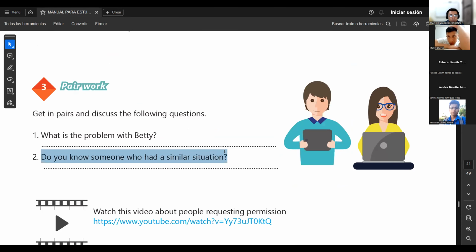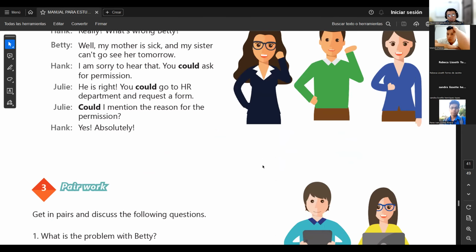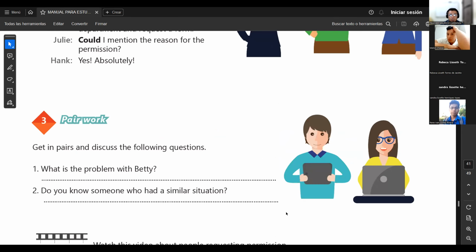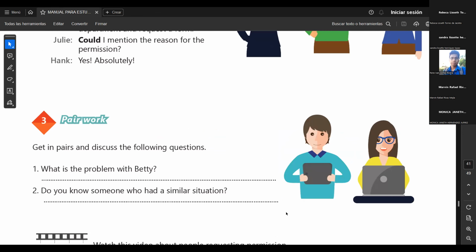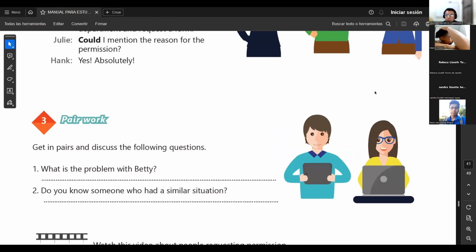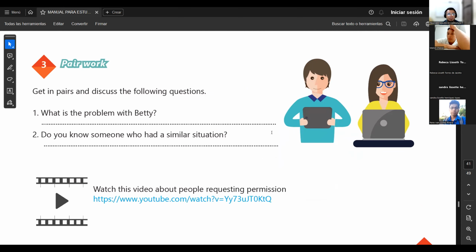And in number 2, do you know someone who had a similar situation, like a family member was sick and he or she had to ask for permission? Probably, yes. It's very common, right? Or you are the family member that is sick.